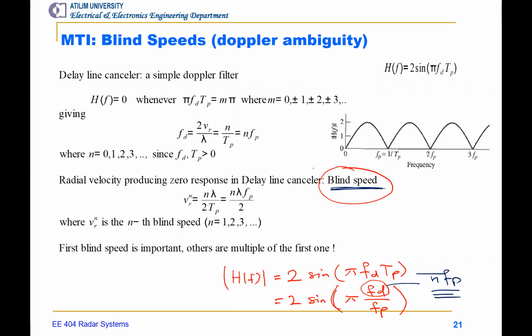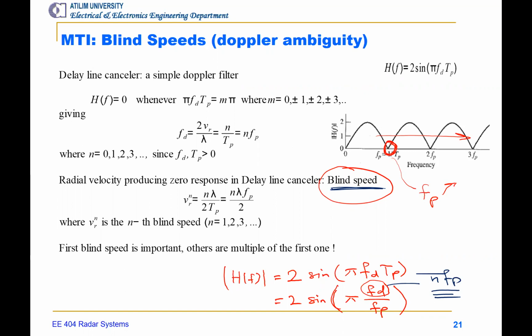So what we'd typically like to do is push this 0 response up. This can only be possible by making the PRF large enough.